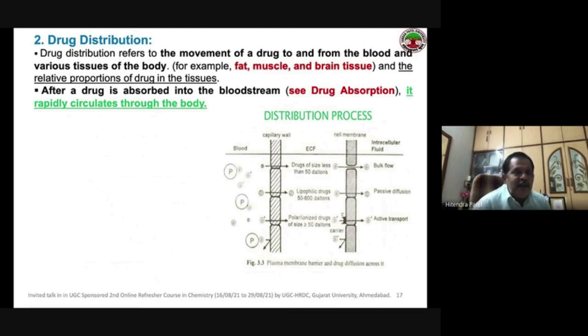As I already explained, the molecular weight of the drug molecule determines how the fragmentation takes place after drug absorption, and according to that we can have the drug distribution. Now let us see the small thing shown in this figure.